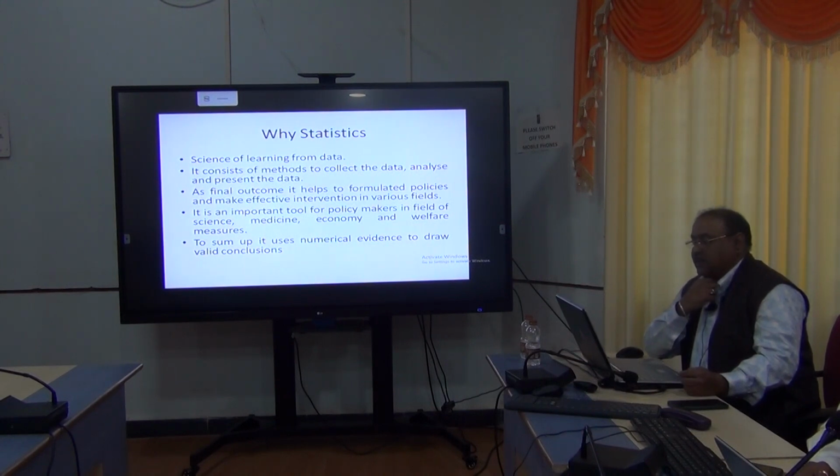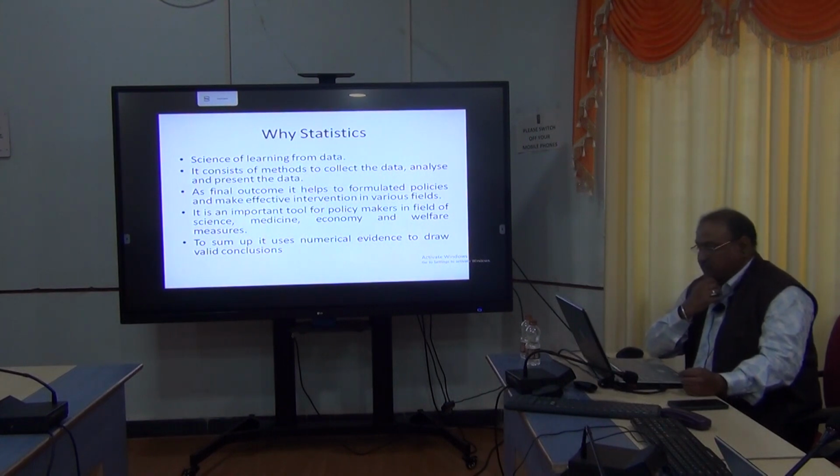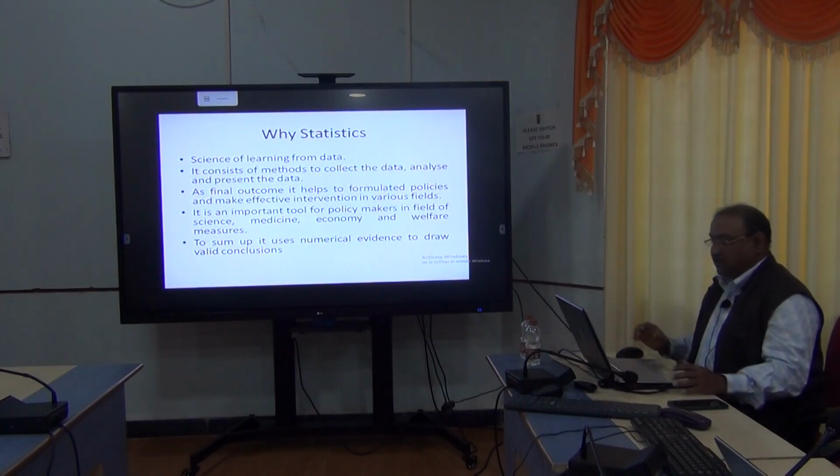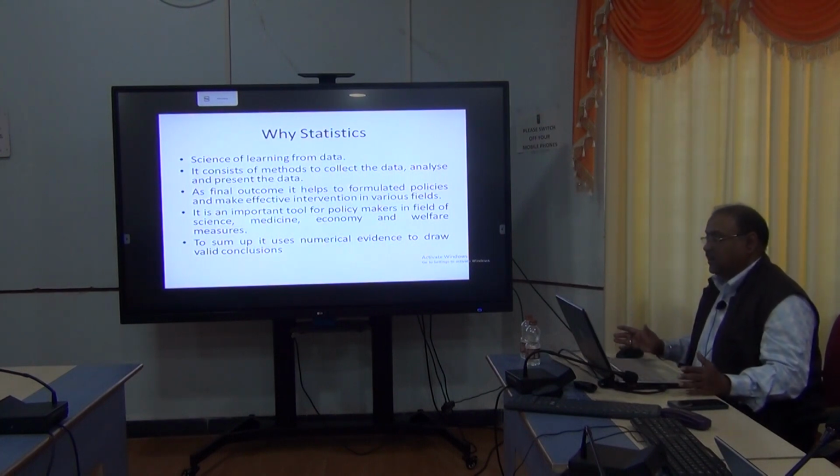Some of the areas which highly use these techniques are the different streams of science, medicine, economics, and also designing different welfare measures. Numerical evidence is today called the data economy, or the age of data, and with data comes power.